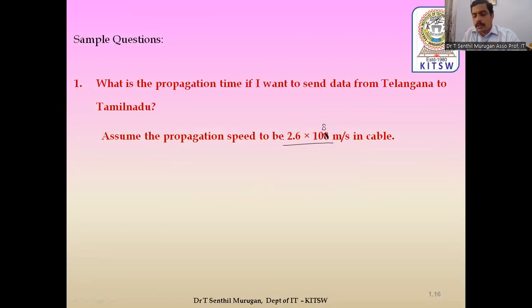You have to find the distance from Telangana to Tamil Nadu. For example, if it is 650 kilometers, then it is 6 lakh 50 thousand meters. You have to convert into meters and divide by 2.6 into 10 power 8.